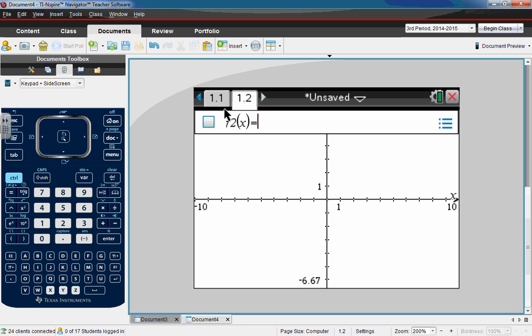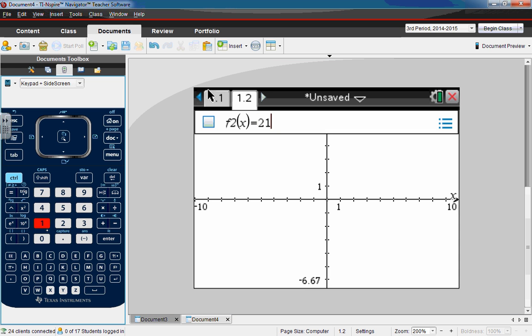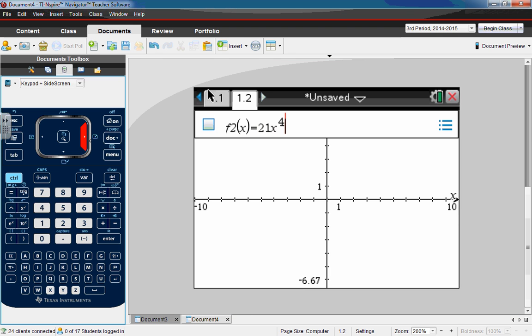So worksheet 2, number 4, the problem is 21x to the 4th minus 68x to the 3rd plus 270x squared minus 276x plus 80. First of all, is that what you all have?